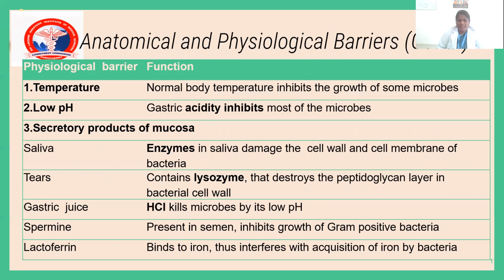Then there are secretory products secreted in the mucosa, like saliva. Saliva has enzymes which break down the bacterial cell wall and cell membrane and stop the growth of further microbes. Tears have lysozyme, which also helps to destroy the bacterial cell wall.